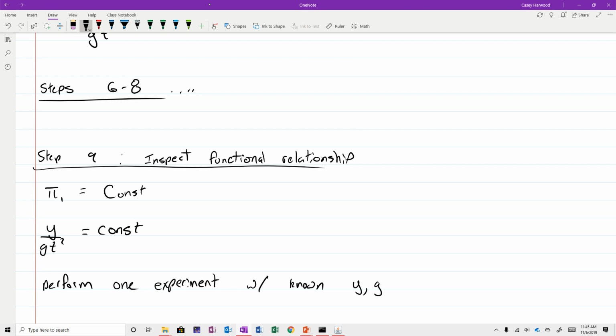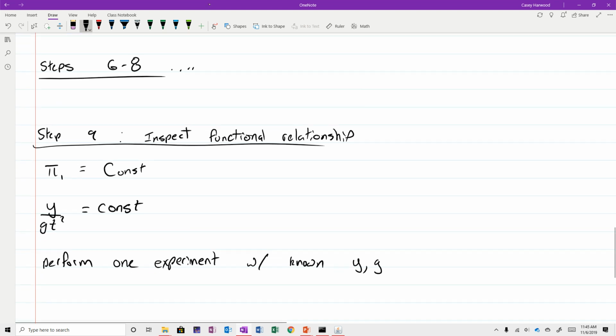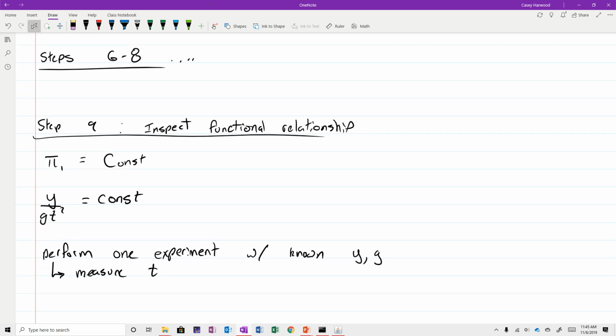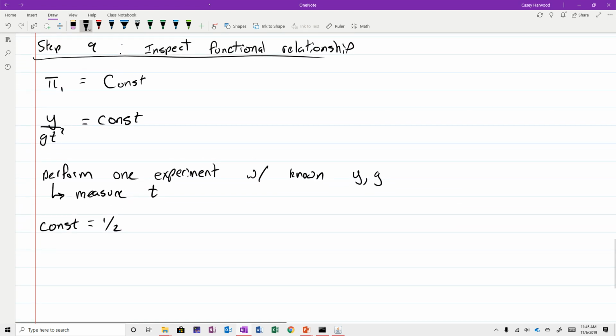It doesn't matter. We would measure t in this situation, and we would find that our constant is equal to 1/2. So y over g t squared is equal to 1/2.